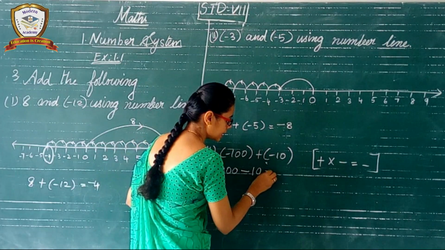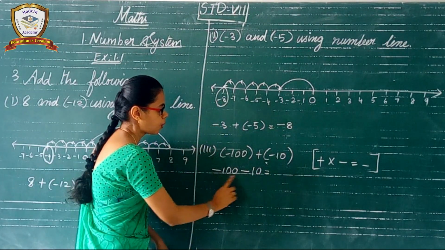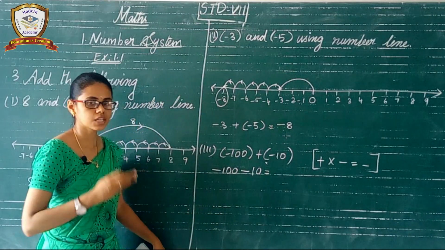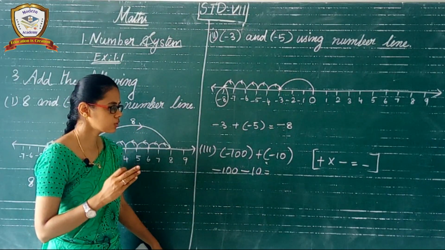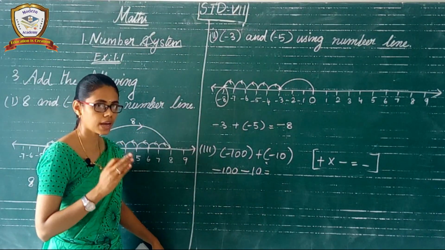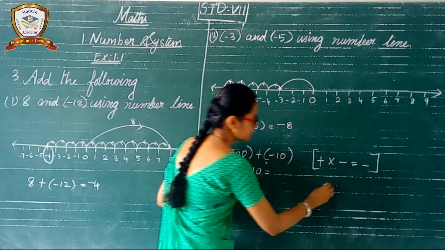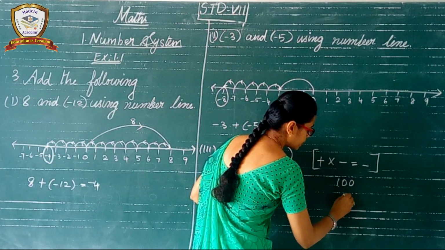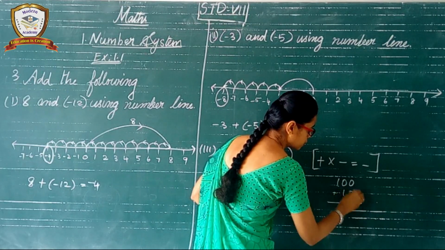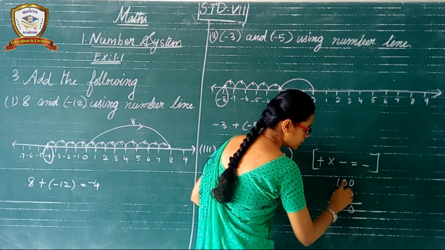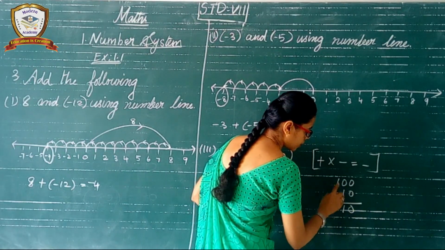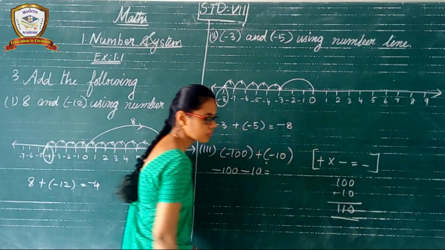Clear? And equal to. See, both are the same sign, isn't it? Same sign means we need to add the numbers. That is 100 plus 10. So 0 plus 0, 0. 0 plus 1, 1. And 1 as it is.